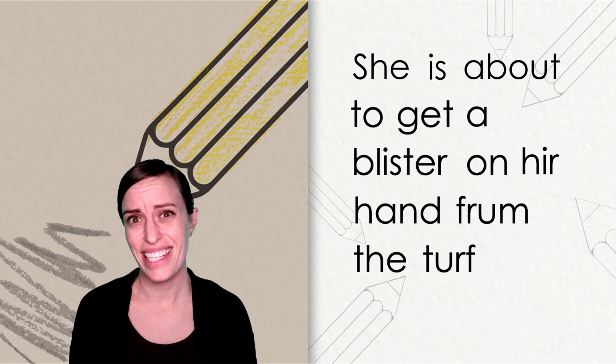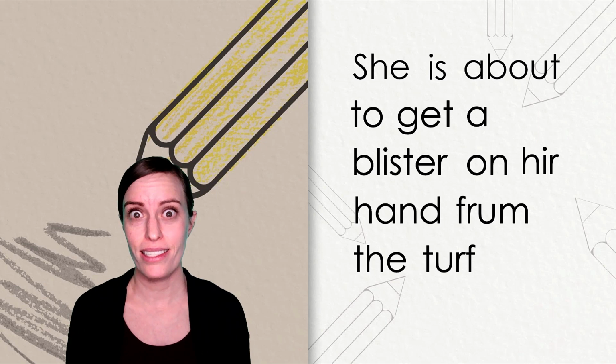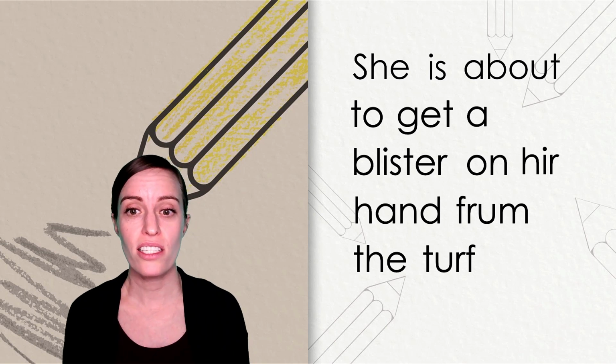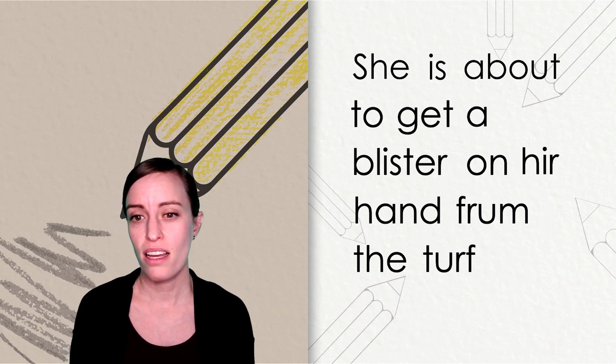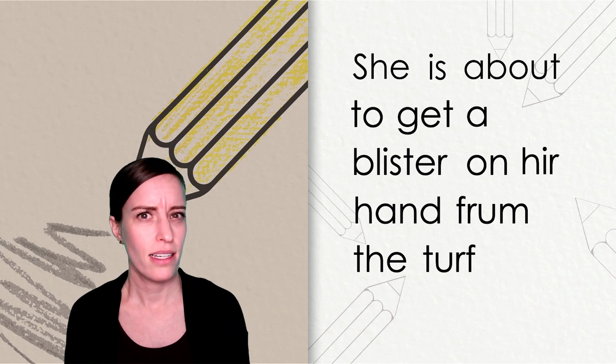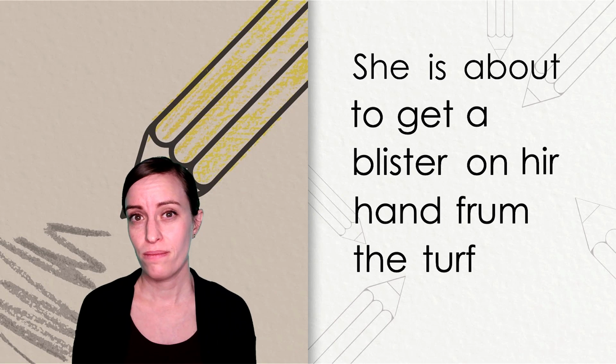I'm going to read the sentence again. Sometimes when we're editing, we have to read a sentence over and over. She is about to get a blister on her hand from the turf. Wait, does that word her look correct to you?